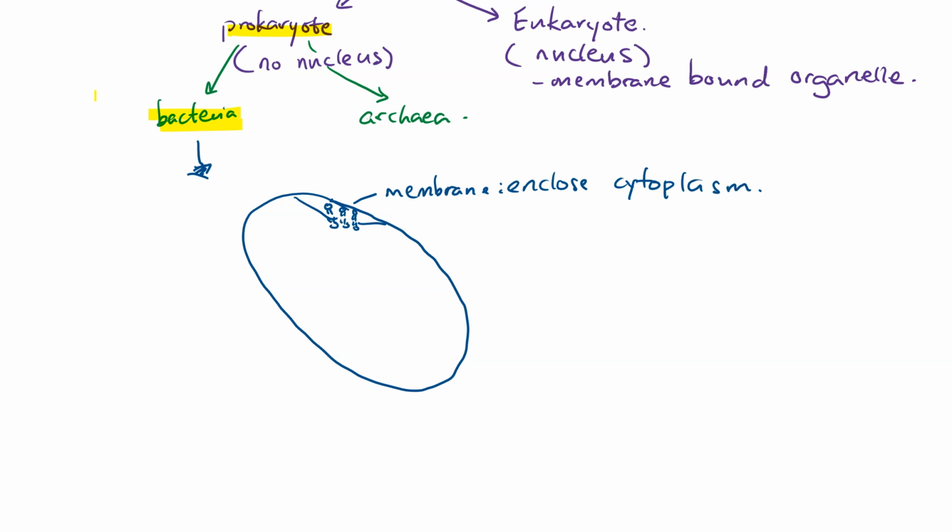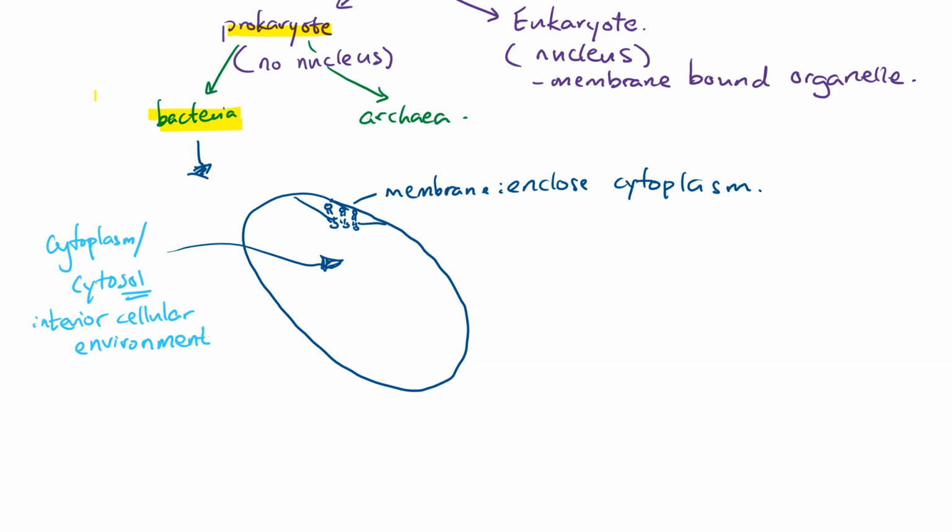So cytoplasm is basically the region that's enclosed by the membrane. Sometimes you see the word cytosol. Cytosol focuses more on the interior cellular environment, which is enclosed by the membrane.